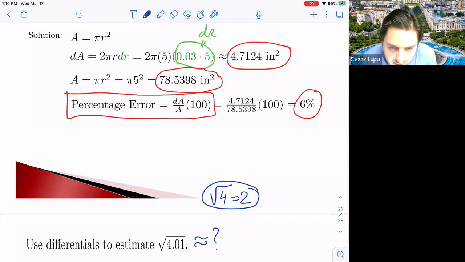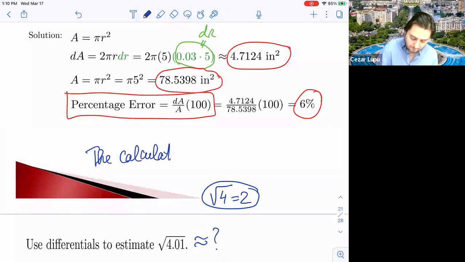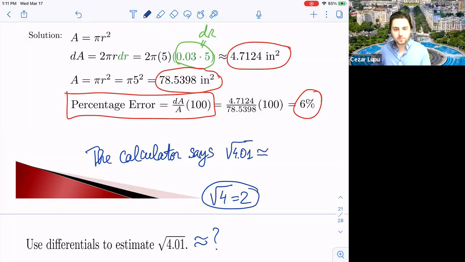Let's see, Abdul says 2.0024. So let's put it here. So the calculator says that the square root of 4.01 is approximately, let's see, 2.002498.